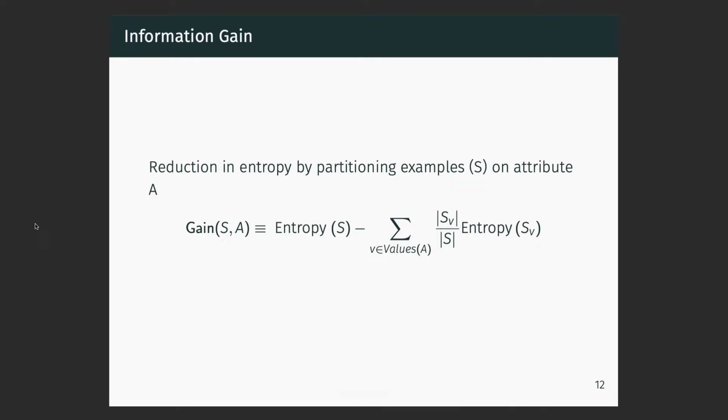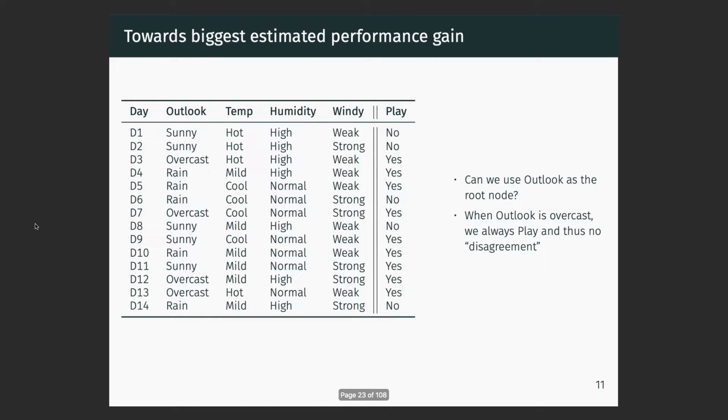So we come up with another formulation, another statistic, which is known as information gain, which is the performance gain or the reduction in entropy when you partition a set of examples S on an attribute A. You have a set of 14 examples, where the set is known as S. What are the attributes you could pick to split?